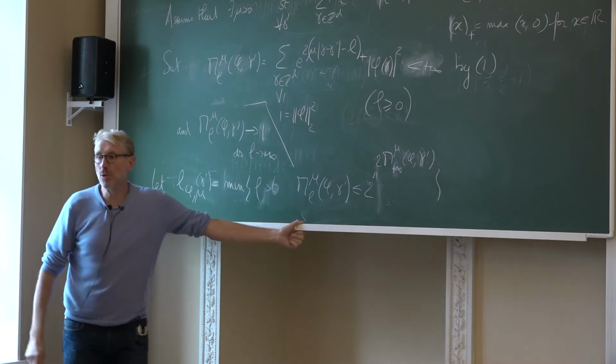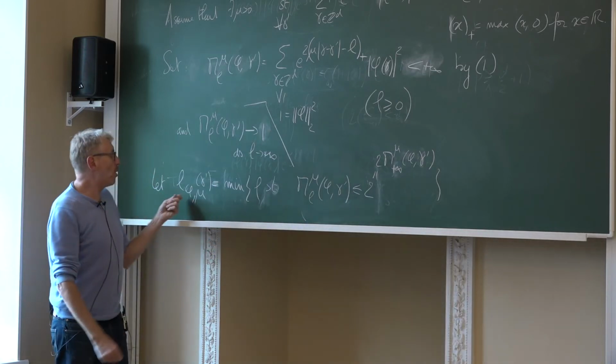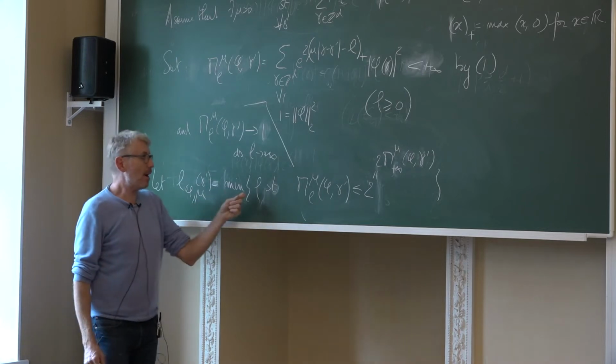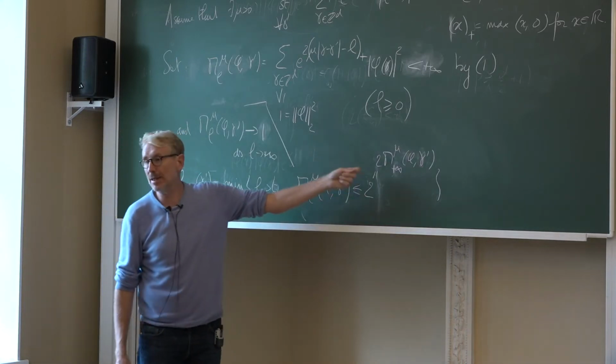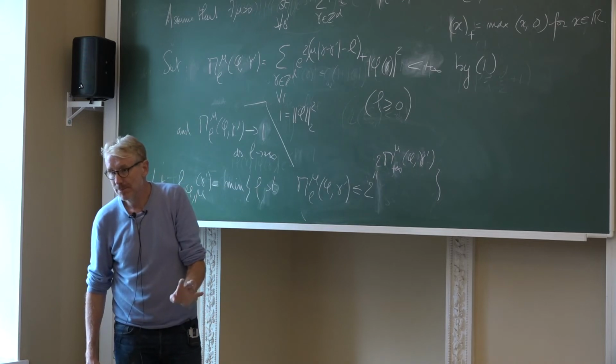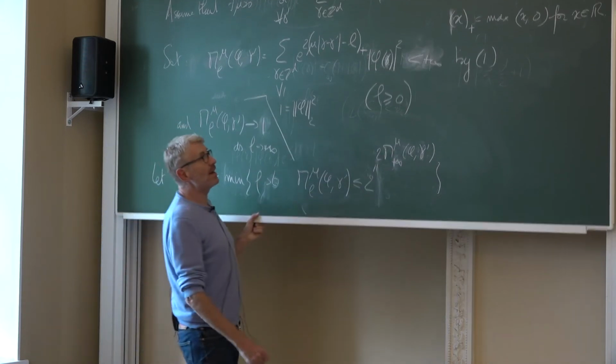I just want to know what is the smallest L such that this is less than 2. I can take 2 to be replaced by any number larger than 1. Okay, I can define this.